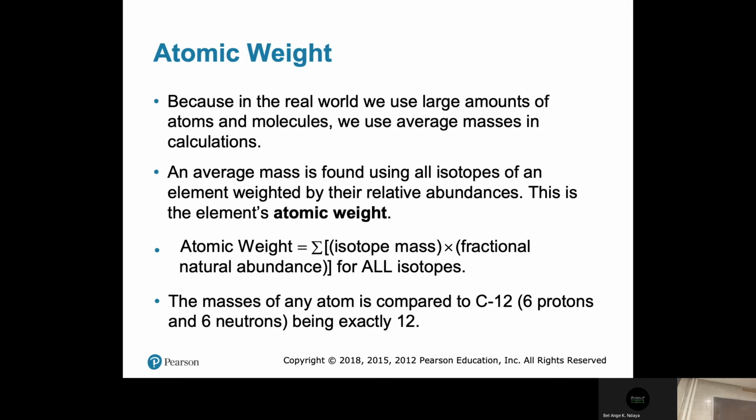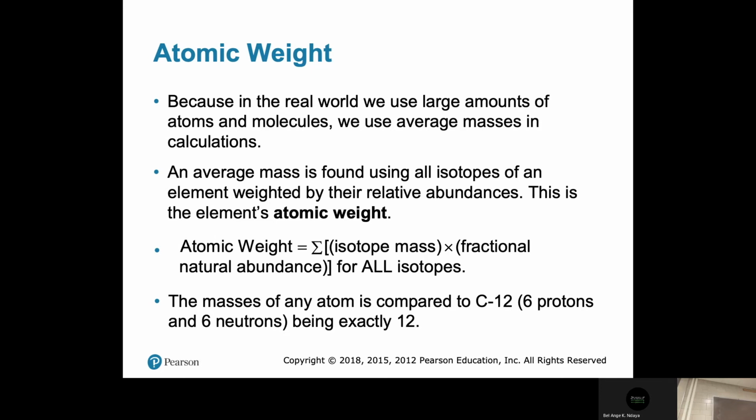And then this is the isotope mass, which is the 11, 12, 13, 14, and then the fractional abundance for all isotopes.